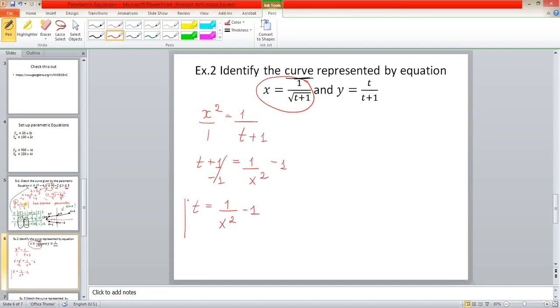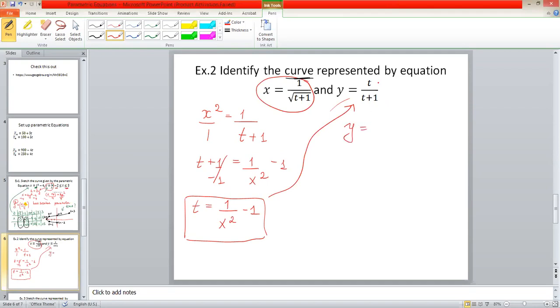T equals 1 over x squared minus 1. And this beautiful stuff is going into y. I'm going to pause for 10 seconds to give you a chance to catch up, or maybe go ahead and try to plug it in on your own. All right, plug it in.